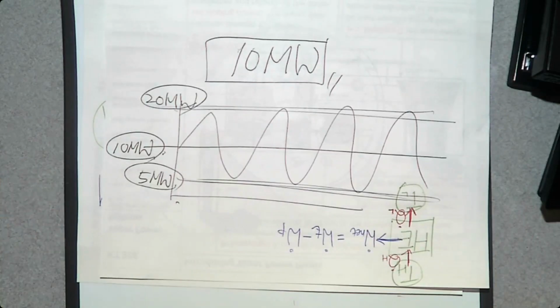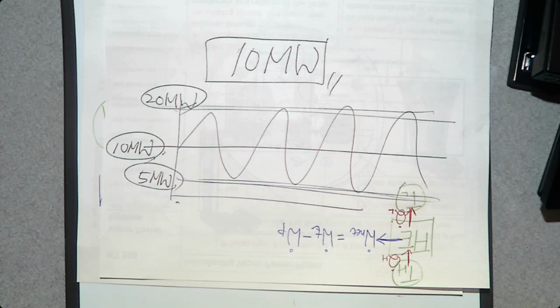So if you are whoever makes the decision for the power grid in the state of Michigan, let's say that you're working for a Lansing office, and you need to build a new power plant for this area. Are you going to build the 20 megawatt power plant, or are you going to build 10 megawatt or 5 megawatt?